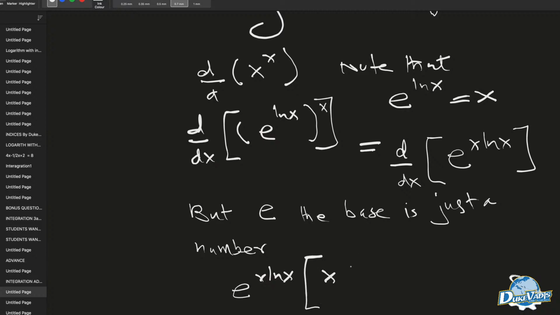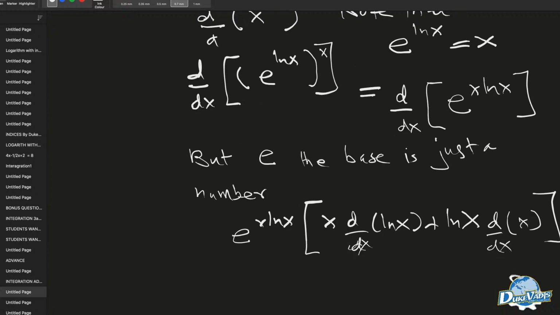We have to apply the product rule: d/dx of natural log of x, plus natural log of x, d/dx of x. Isn't that beautiful?